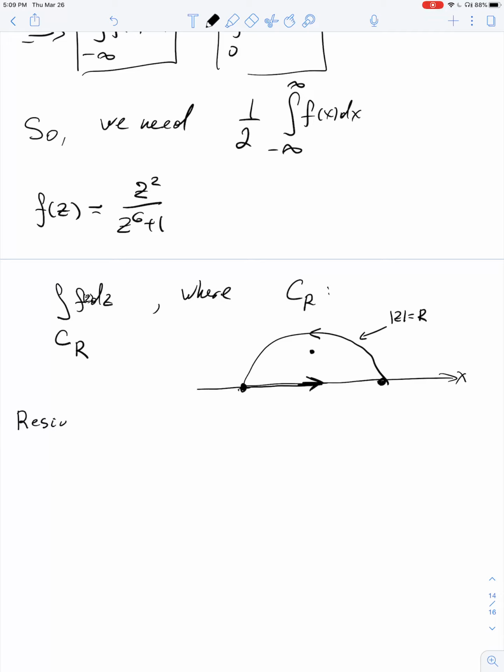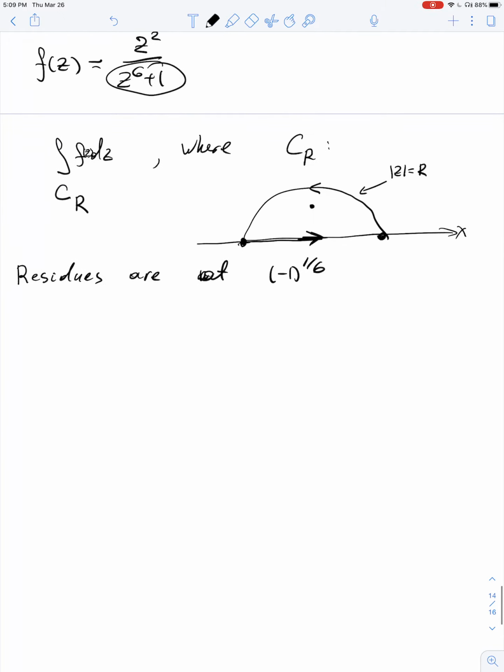So the residues are at -1 to the power 1/6, because this is what produces the residue. Okay, so we know that -1 is e to the pi i plus 2 pi n, so -1 to the 1/6.